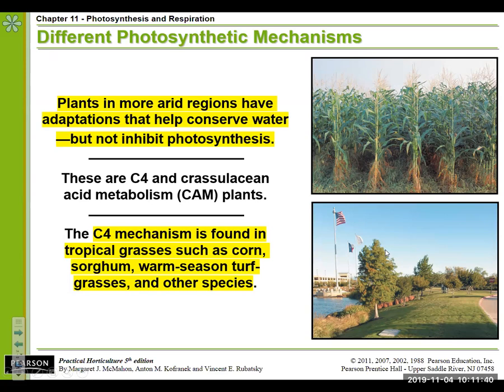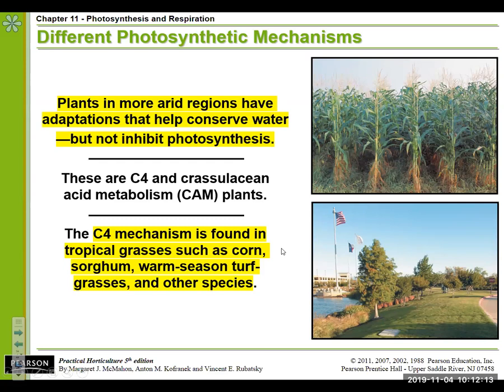The plants that have evolved in arid regions have adapted to basically conserve water and keep that transpiration and photosynthesis in sync, basically at equilibrium, so that they're still able to conserve the water that is in the soil, that is found in the plant, without inhibiting photosynthesis. So we have 2 different photosynthetic pathways. One, the C4 mechanism, is found often in tropical grasses such as corn, sorghum, or warm season turf grasses, and some other species as well.